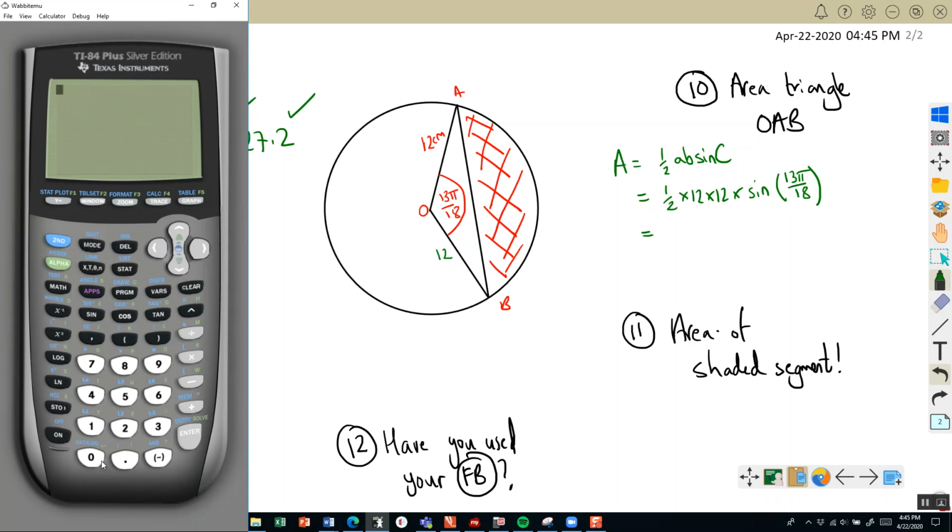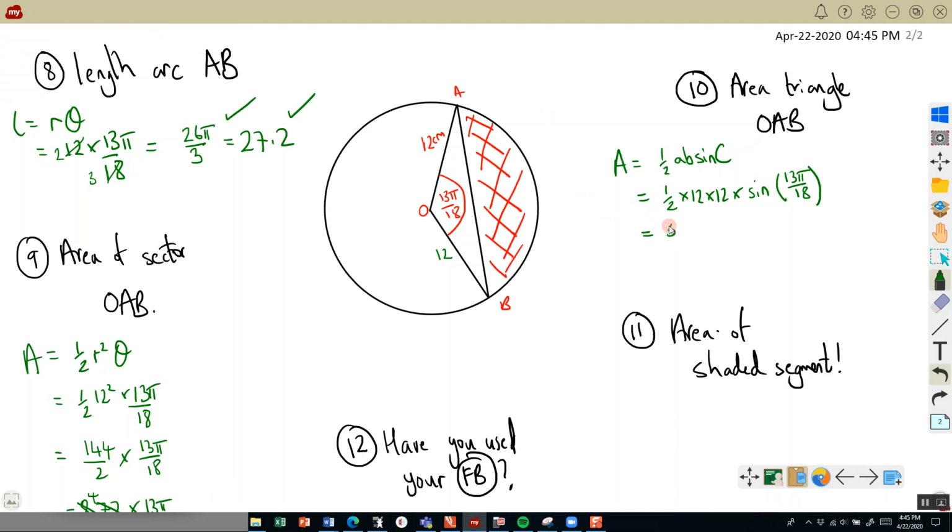I'll put it all in one go: 0.5 times 12 times 12 times sine of 13 pi divided by 18. Enter. How easy is that? 55.2, to 3 significant figures.